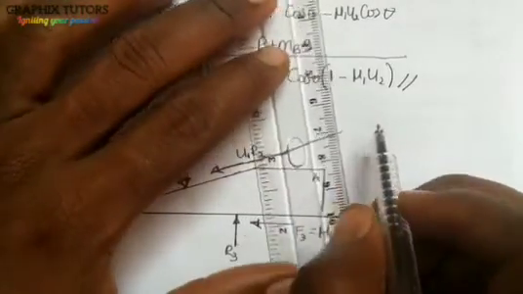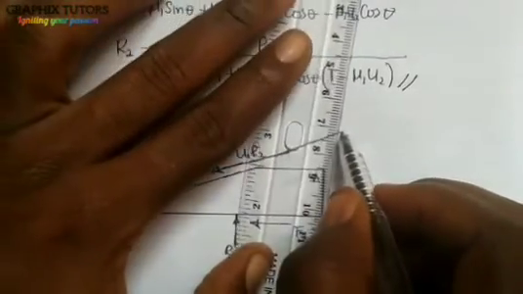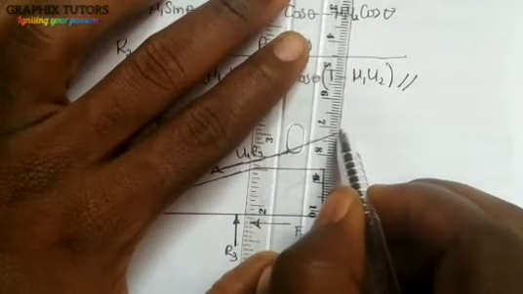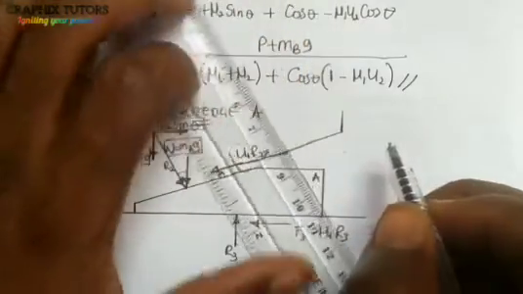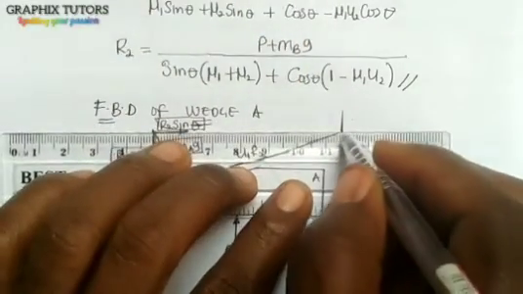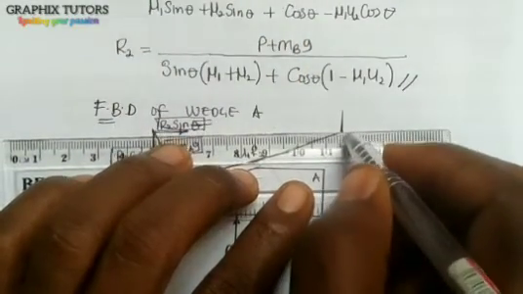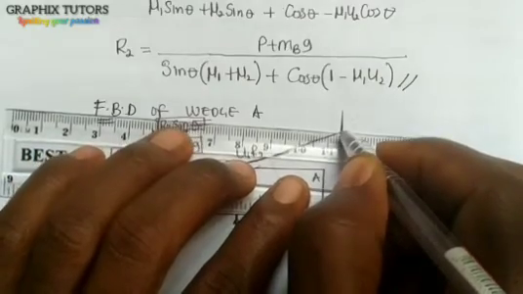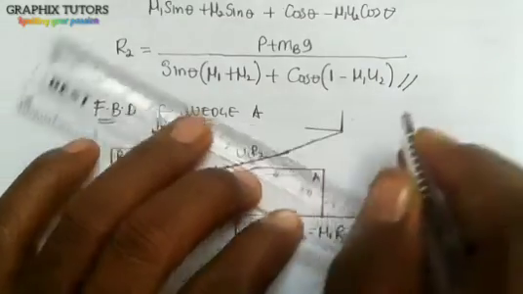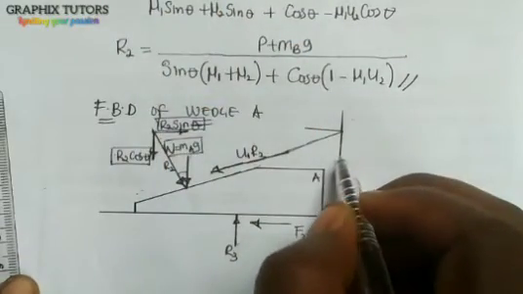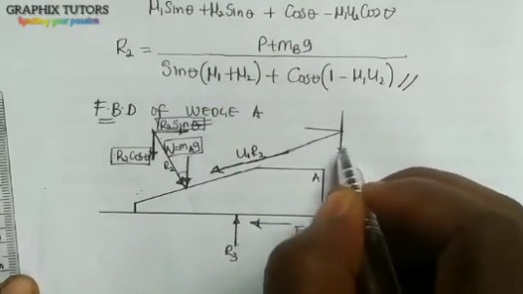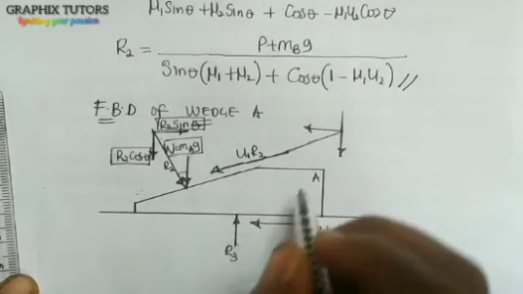So we're having the vertical line, this coming up this way, right? And this coming this way also. Better still, we do it this way. This coming here, and this coming here. So we have a reaction at this direction, and this at this direction.